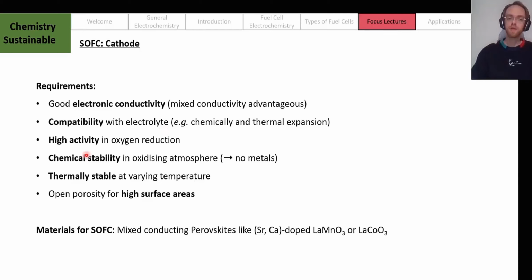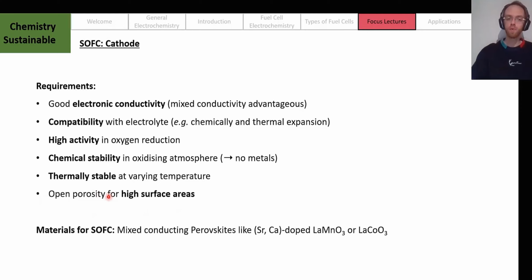Likewise, we would like to have a high activity in oxygen reduction because that's the typical reaction we are facilitating. We need a chemical stability in oxidizing atmosphere. So typically we would like to have no metals in here. And we want a thermally stable material at varying temperatures and an open porosity for high surface areas.